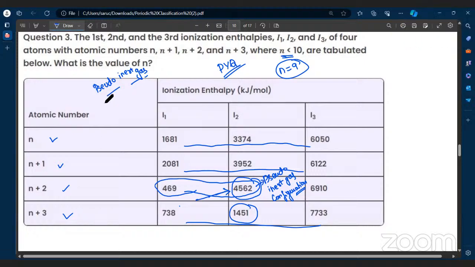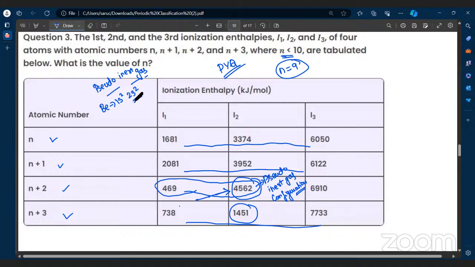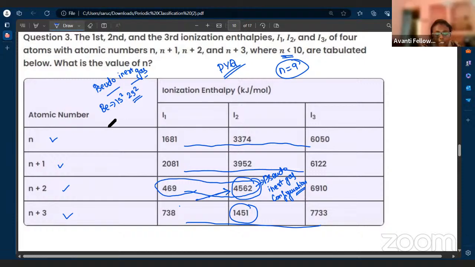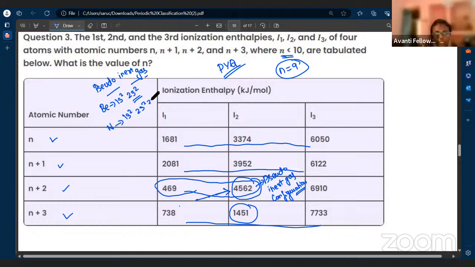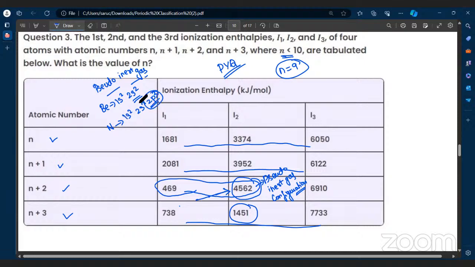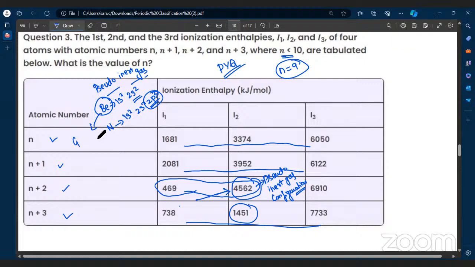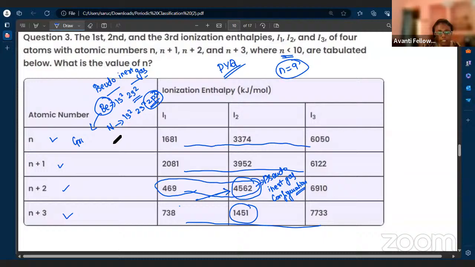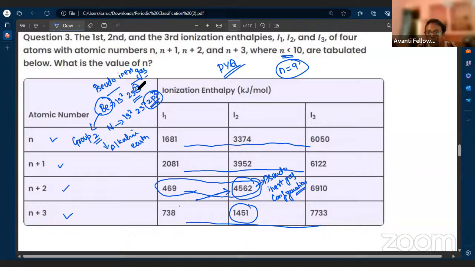When I take beryllium, can I say it has 1s2, 2s2? Yes, 2s2 it has. And when I take nitrogen, it has 1s2, 2s2, 2p3. Now beryllium belongs to group number 2, alkaline earth metals. Removing an electron from a completely filled orbital needs more energy, so ionization energy will be high.